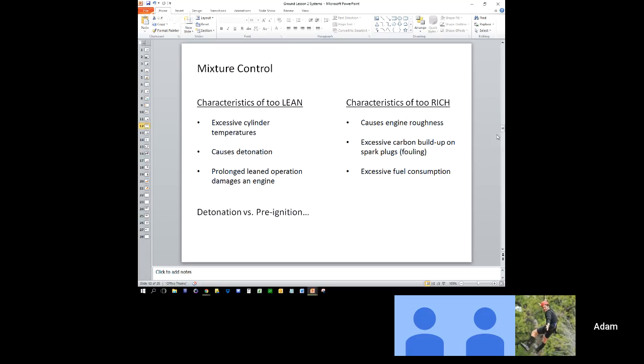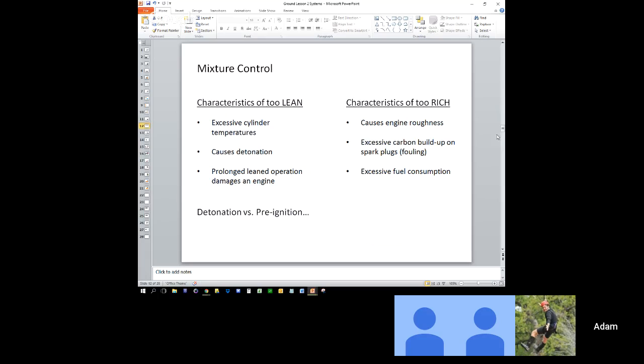You guys remember those 4 strokes we talked about earlier? When pre-ignition occurs, it means that the spark plug is creating a fuel air ignition outside of its ignition stroke, which is catastrophic for your engine.